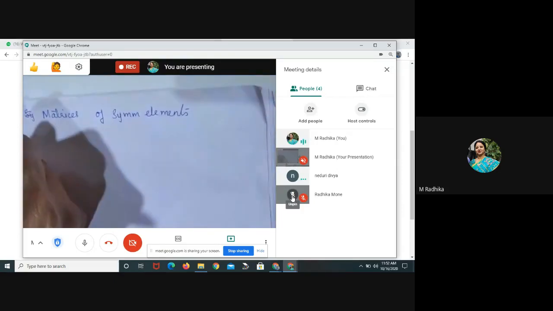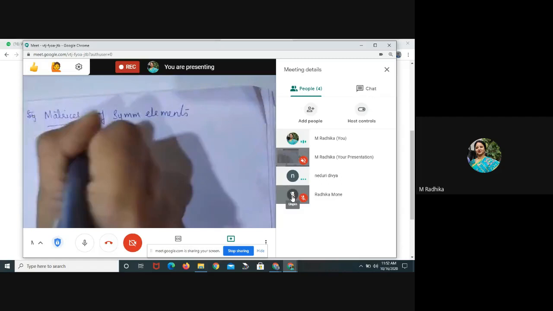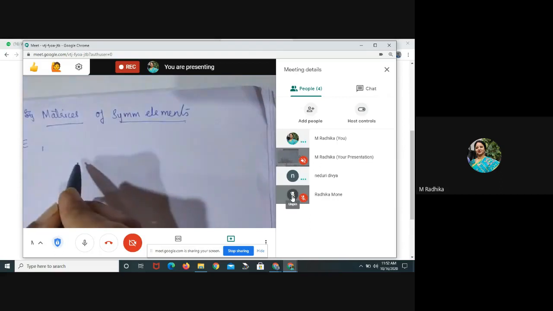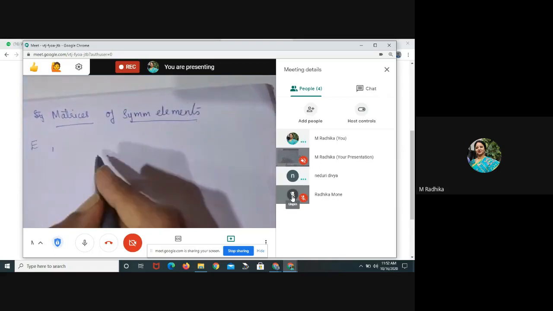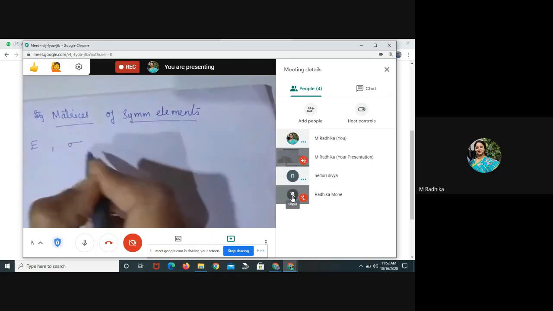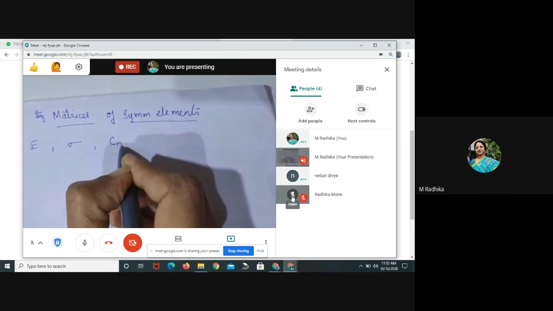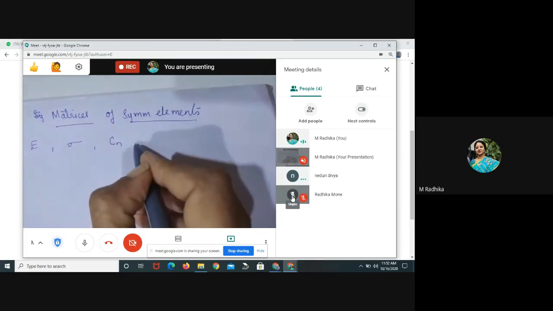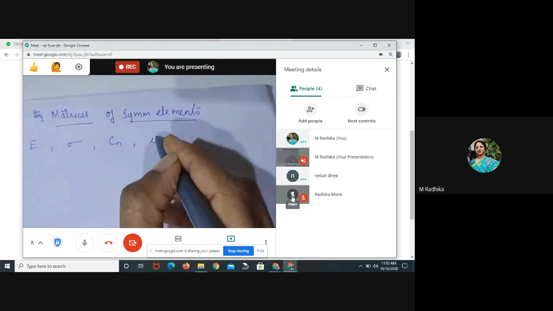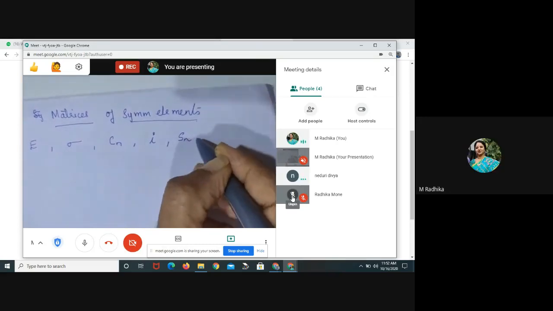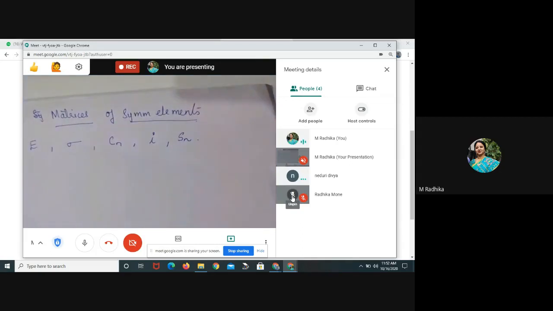We know that there are five types of symmetry elements: identity, plane of reflection, rotation, inversion, and Sn, the improper axis of rotation. These were the five symmetry elements that we learned in your previous classes.